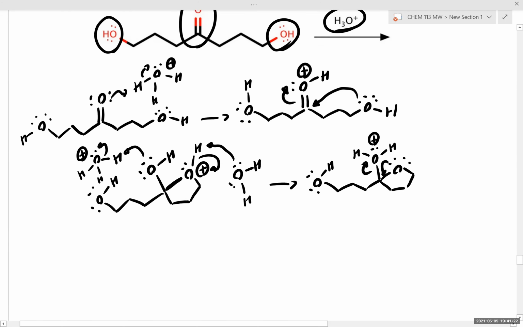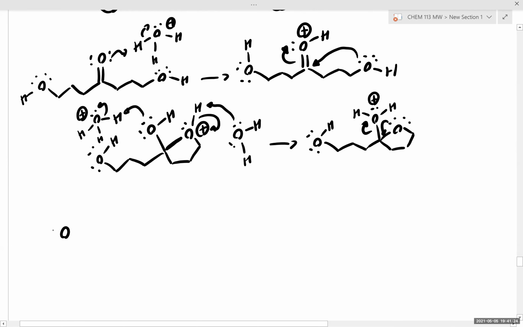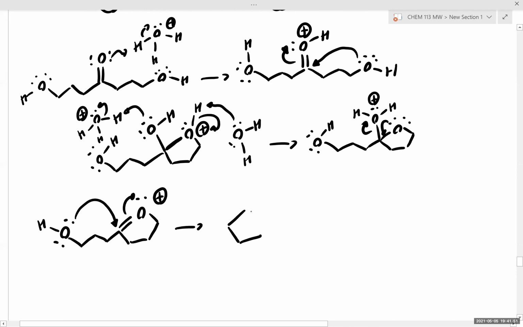So we're going to kick out our leaving group. And that gives us the following activated carbonyl derivative. This activated carbonyl carbon can be readily attacked with a range of nucleophiles, such as this internal alcohol.